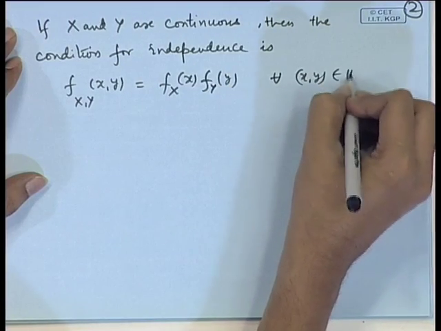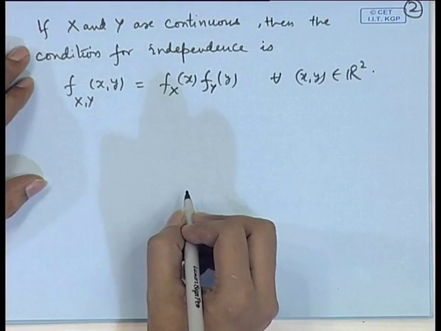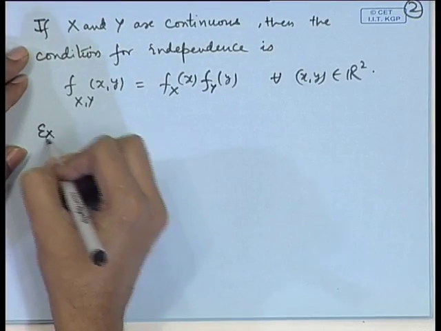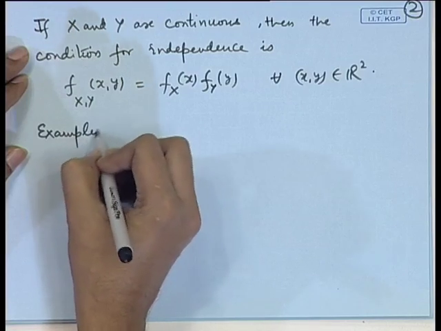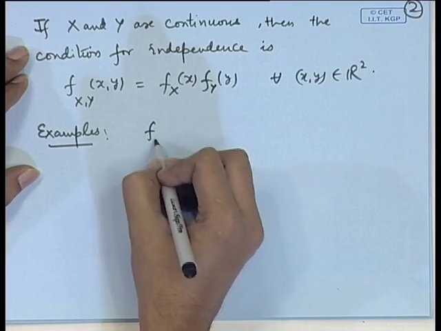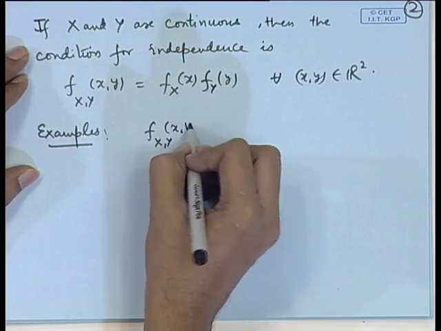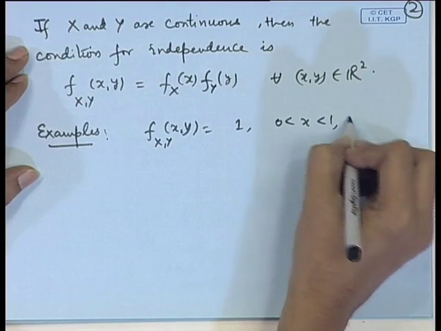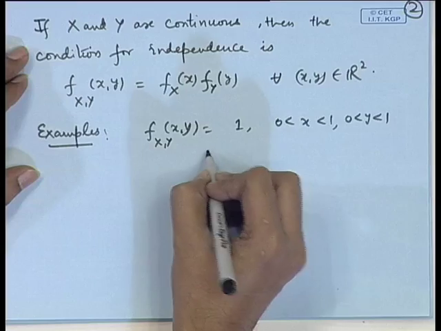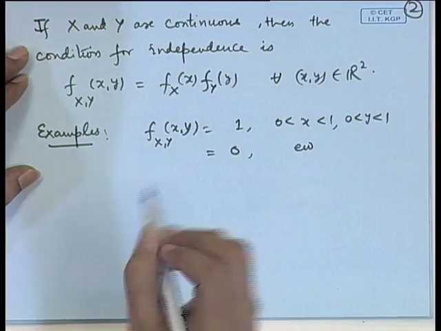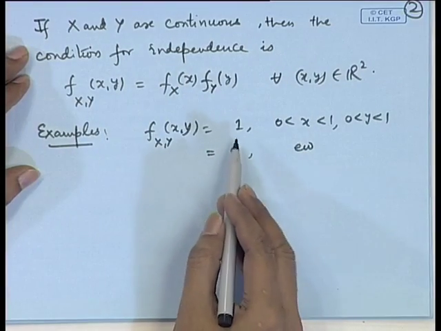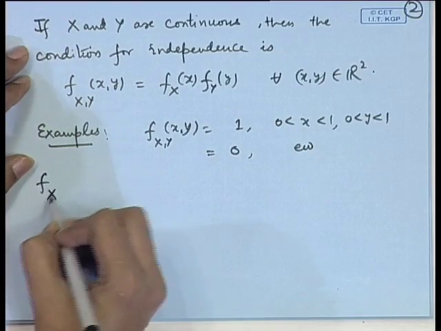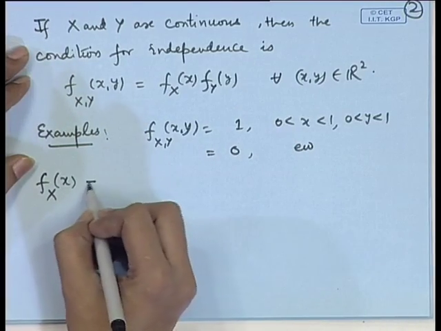Let us take some examples. Let f(x,y) be equal to 1 for 0 less than x less than 1, 0 less than y less than 1, and 0 elsewhere. Now, this is a jointly distributed continuous random variable. Let us consider f_X(x).